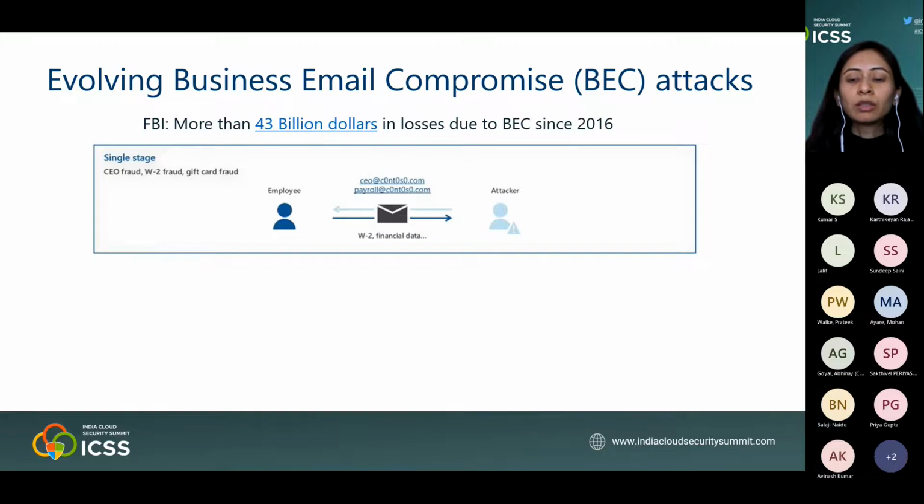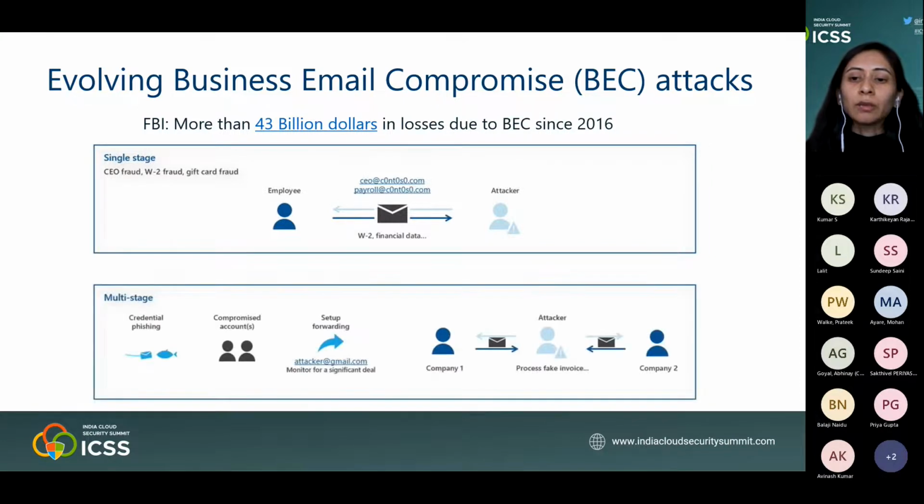And we'll look at these techniques in the next few slides. But typically, the email can contain a basic request to, let's say, purchase gift cards, or they'll request HR or financial data, or say process an invoice with updated payment details. So that's a single stage attack.